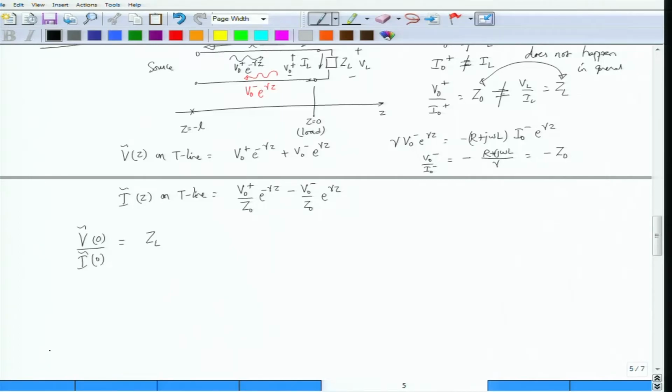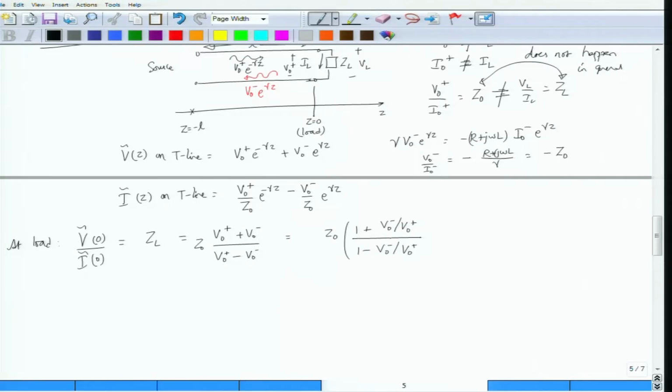So, at the load side, the ratio of voltage to current must be equal to ZL, and this should be equal to (V0 plus plus V0 minus) divided by (V0 plus minus V0 minus) by Z0, so Z0 goes to the numerator. It is customary to factor V0 plus out. So, you get Z0 into (1 plus V0 minus by V0 plus) divided by (1 minus V0 minus by V0 plus).